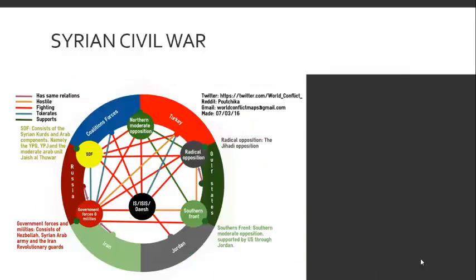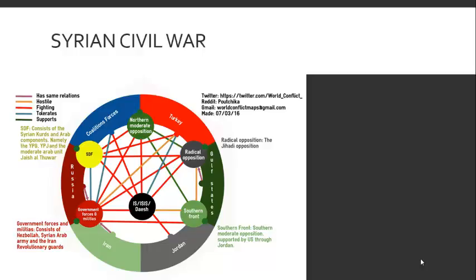And really what we have is a web of entangled alliances. The only real common enemy amongst these groups is ISIS. And you can imagine why, some of their tactics might not be the best at making allies. In recent months, they have lost a lot of their territorial hold over Syria and Iraq.